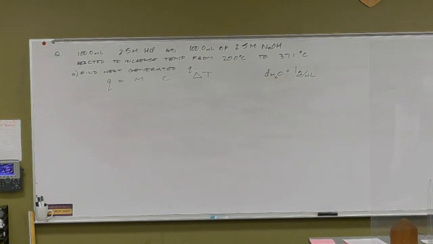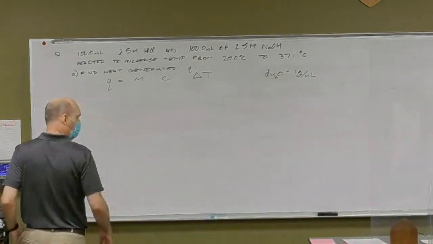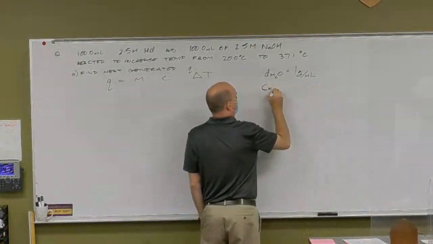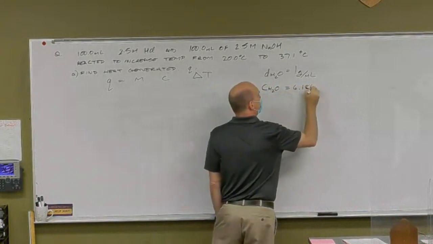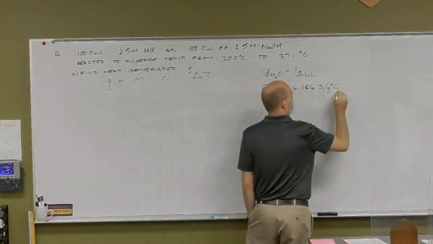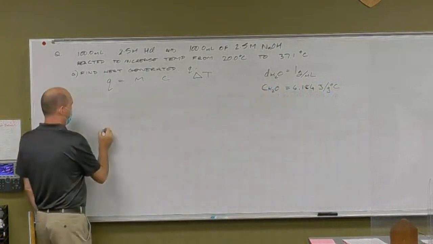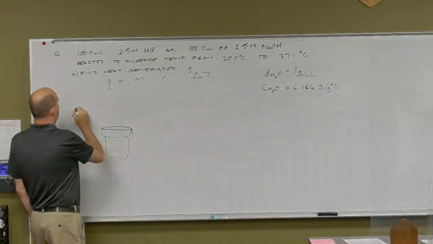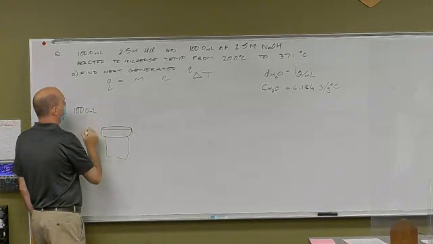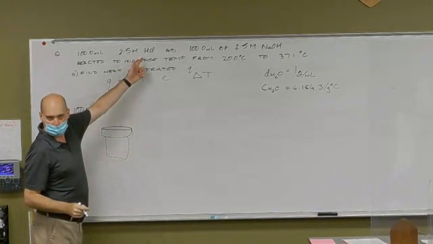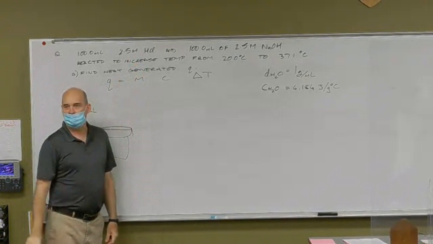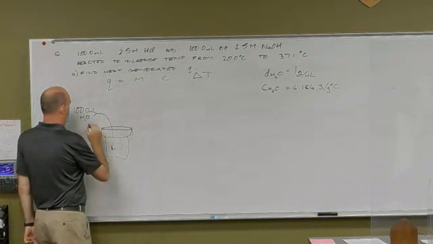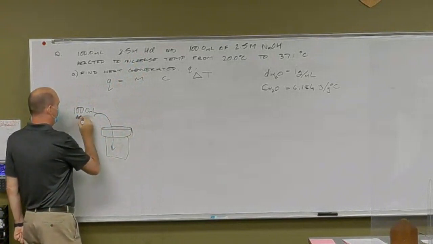Okay, all right, let's think. We need this number and we need that number. Let's think what I've got. I've got a styrofoam coffee cup and I've taken 100 milliliters of acid. That's a little bit of acid dissolved in a lot of water. So this really is 100 milliliters of water that's gone in here. It is aqueous acid, right?